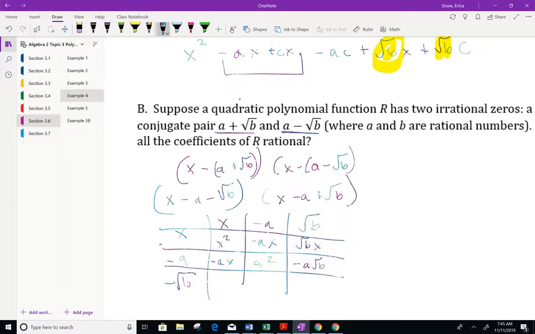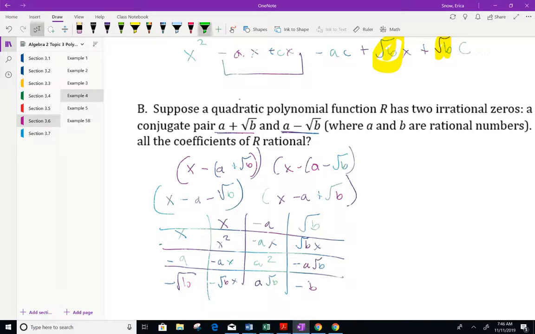negative a root b, and negative square root b x, and positive a root b, and square root b squared is negative b.